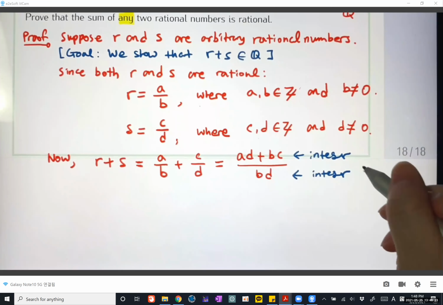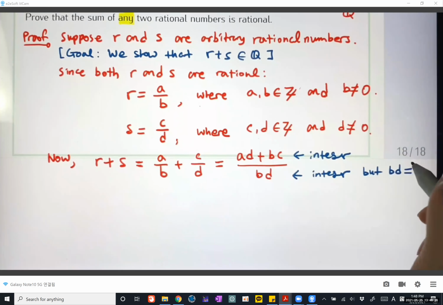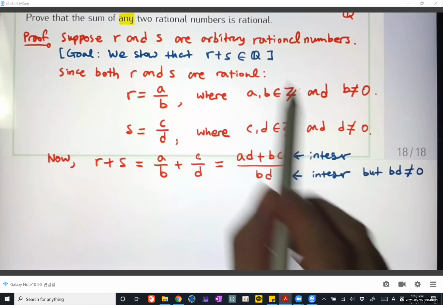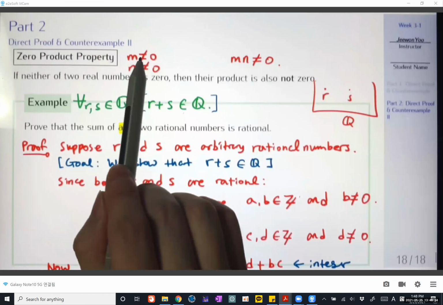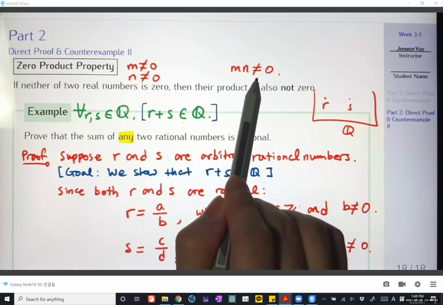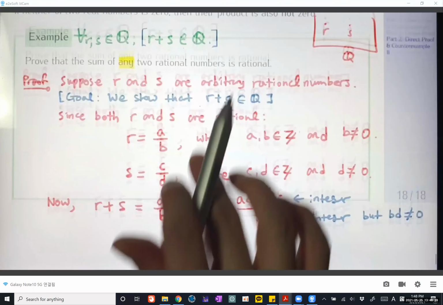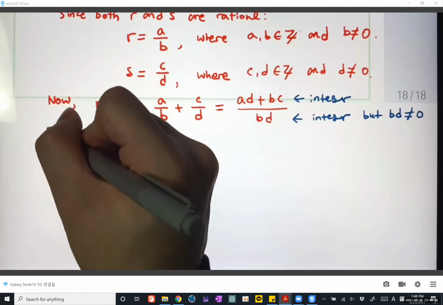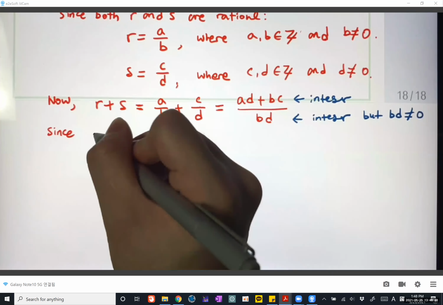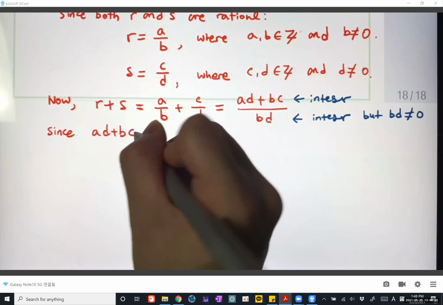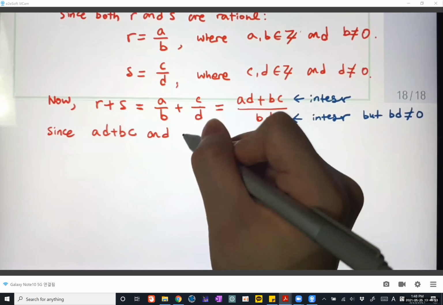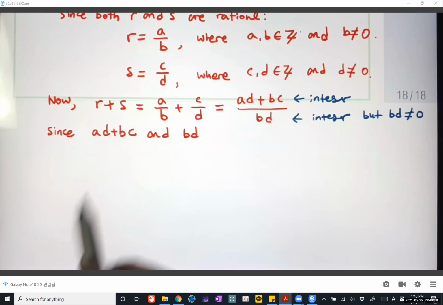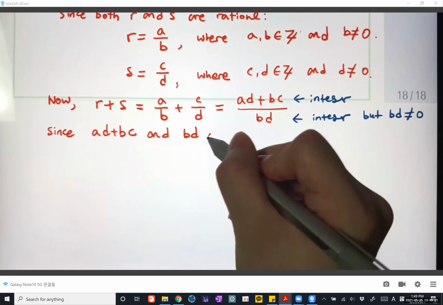But BD cannot be 0, everyone. BD cannot be 0 by the zero product property. If both M and N are non-zero numbers, their product must not be 0 either. So that's why we have BD to be not 0. Now, AD plus BC and BD are integers.